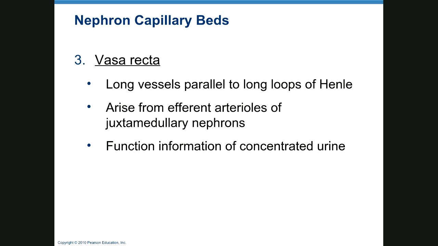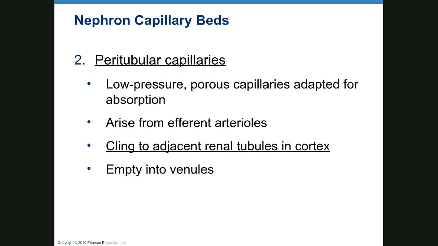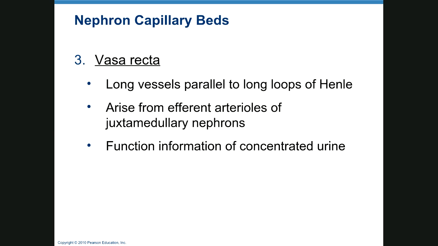Actually, the kidney is one of the few places where you have an incoming artery and an outgoing artery. So these are the peritubular capillaries. Okay, so the vasa recta is just a long version of the peritubular capillary, and it comes from the efferent arterioles.